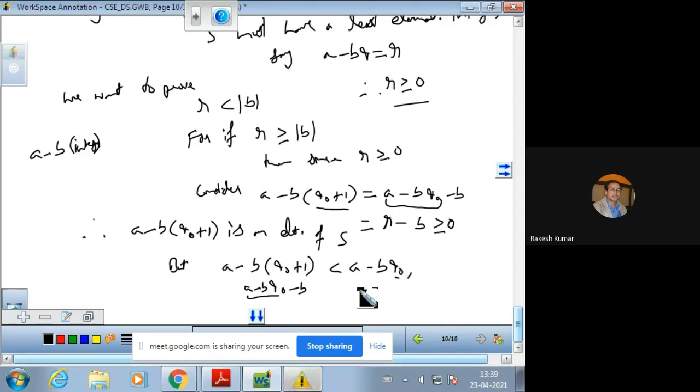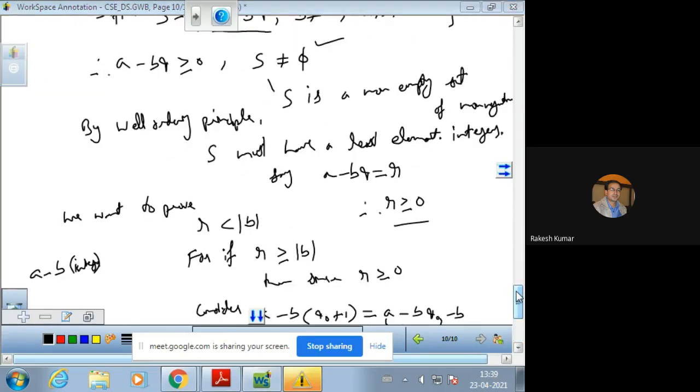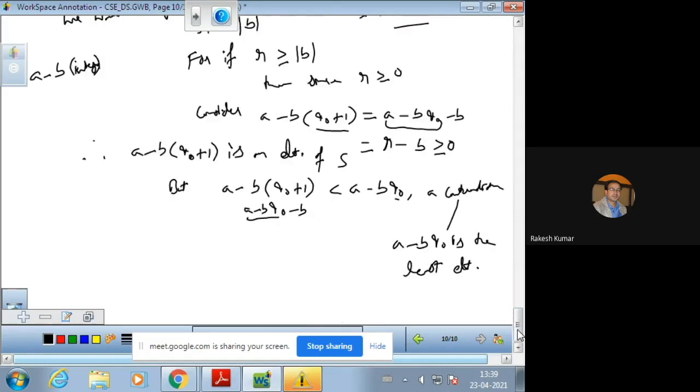सो विच इज ए कॉन्ट्राडिक्शन. ए कॉन्ट्राडिक्शन बिकॉज हमने चूज करा था that a minus b q naught is the least element. Just see, S must have a least integer, this one, so a minus b q naught. So if the least integer is this, and this is the contradiction that we are getting a new integer which is less than that least.